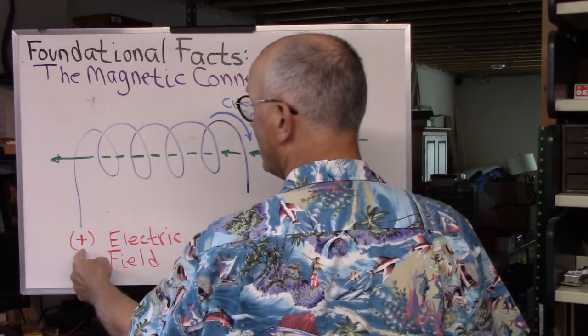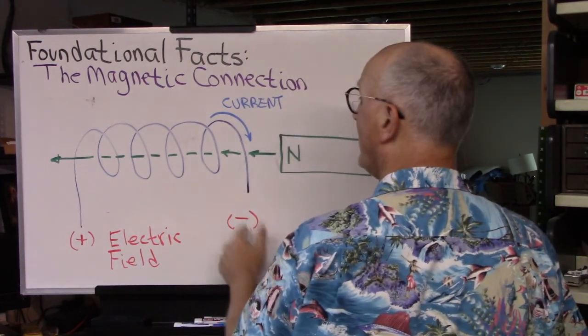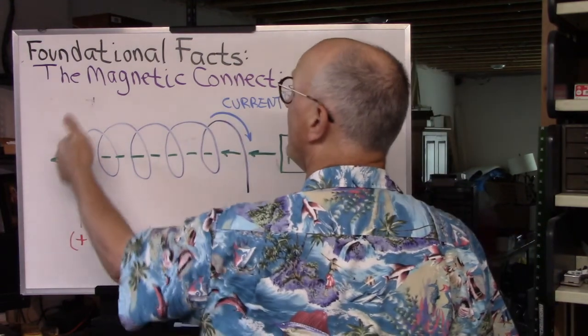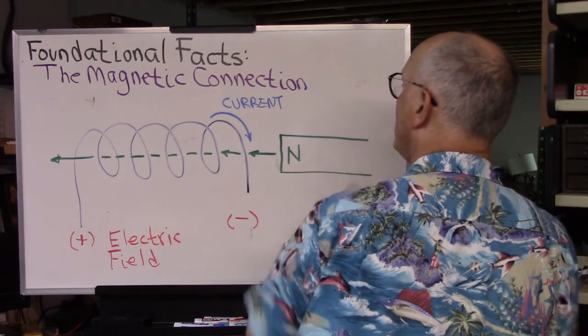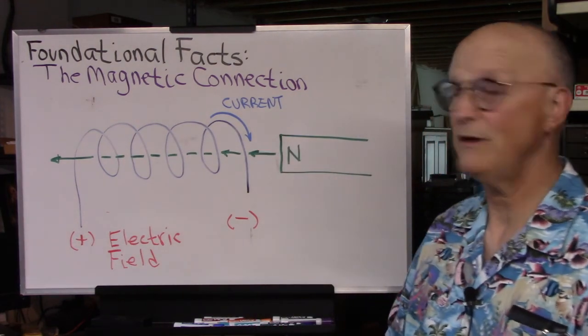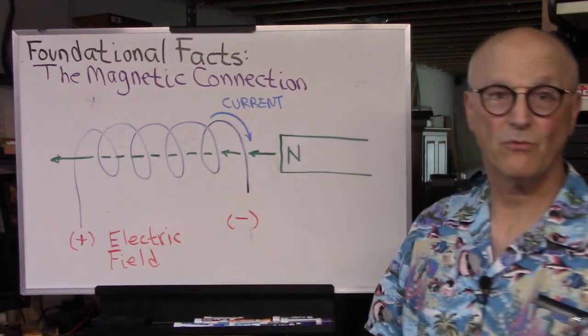In this case, we end up with the plus end down here, the minus end down there, and the current is flowing in this coil this way as a result of this north pole coming in from this end down here and the direction that this coil is wound.